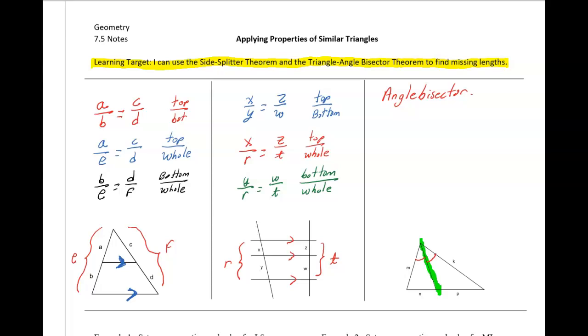And if you consider that green line to be like the fraction bar, I could say m over k is equal to n over p. So that's another proportion that is equal as long as that green line is the angle bisector.